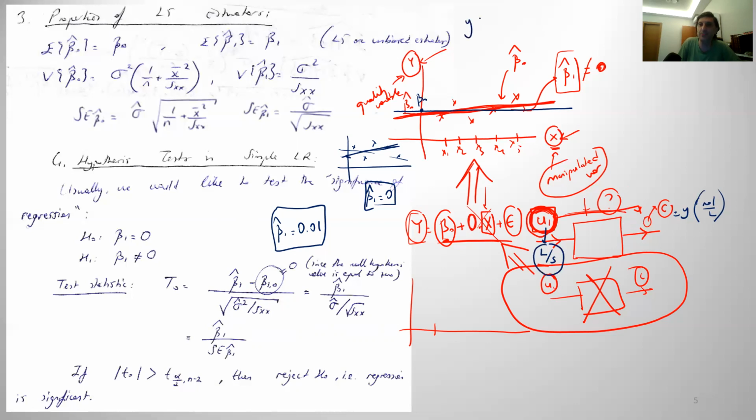If you write the relation between them, this is the relation at hand, in moles per liter. Beta 0 should also be moles per liter, and of course its estimate should also be moles per liter, plus beta 1 times x, where x is liters per second. Therefore, beta 1 should be such that when you multiply by this one, you obtain this value.